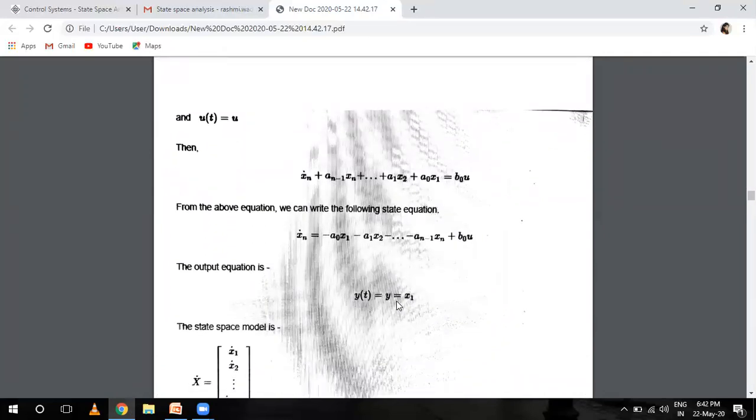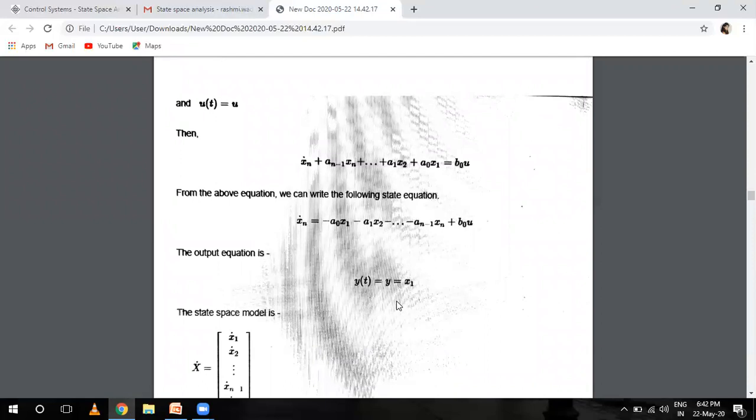Then the equation is x dot n plus a_(n-1) xn plus up to a1 x2 and a naught x1 is equal to b naught u.